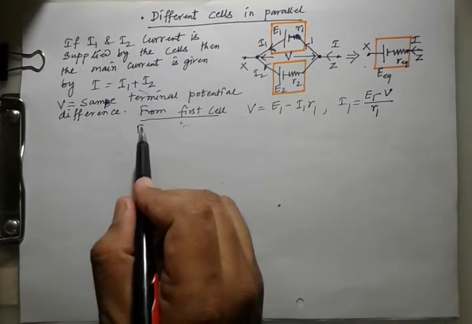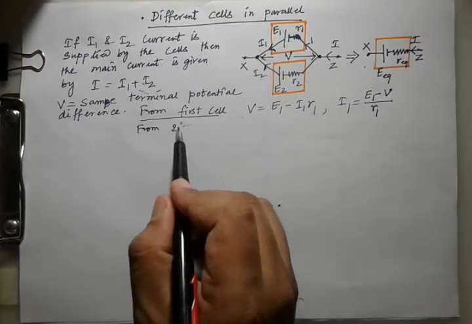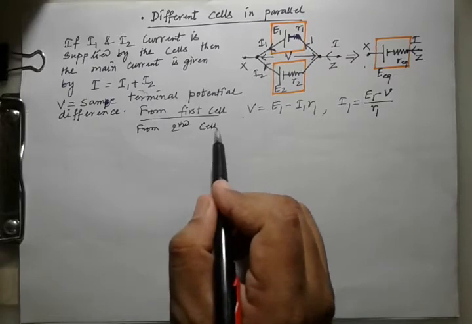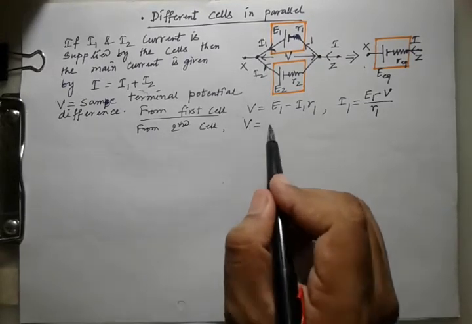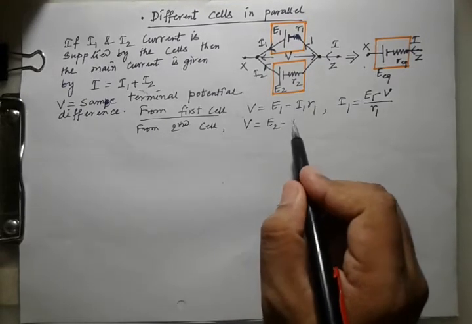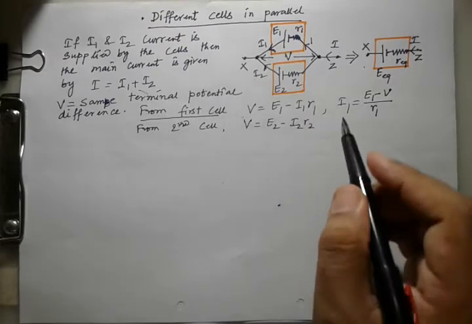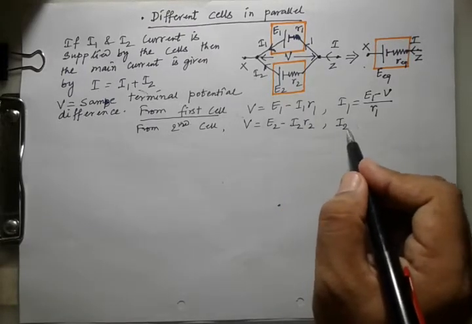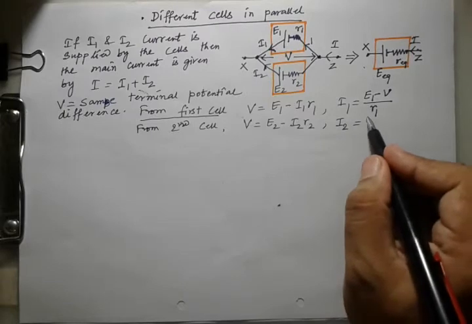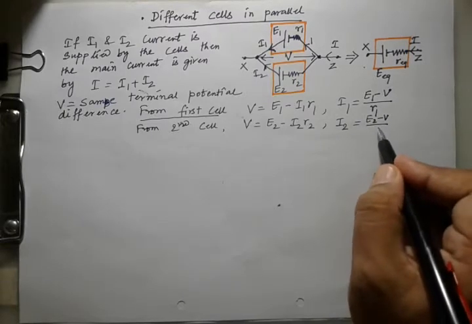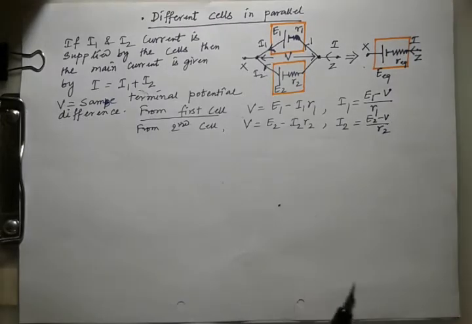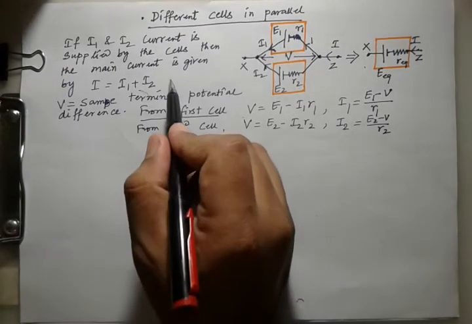From the second cell, V is equal to E2 minus I2 R2, so I2 is equal to E2 minus V by R2. We can keep the equation I equal to I1 plus I2 as equation number 1.